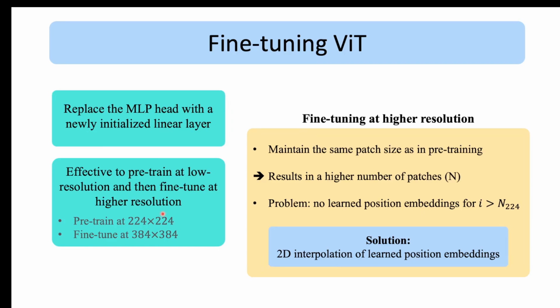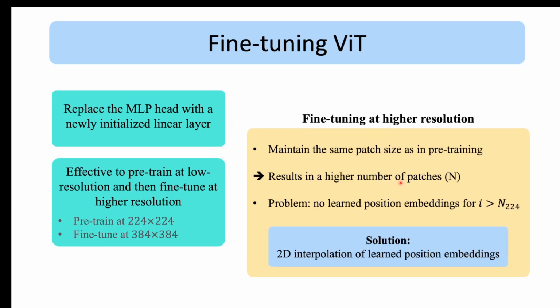For example, you can pre-train your model at 224 by 224 and then fine-tune it at 384 by 384 resolution. But note that regarding the fine-tuning at higher resolution, the patch size must still stay the same because of that projection matrix. And as a result, increasing the resolution leads to higher number of patches.